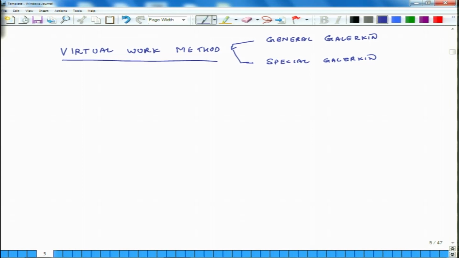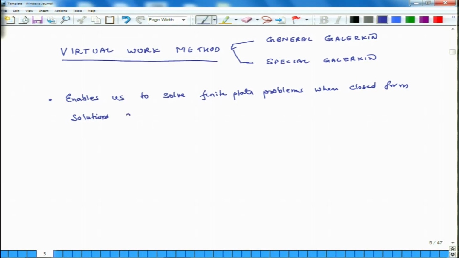So, once again, what is the advantage of this method? It enables us to solve finite plate problems when closed form solutions are not available or non-obvious.